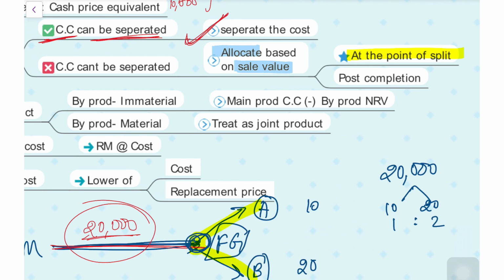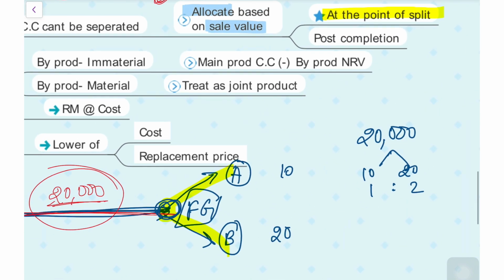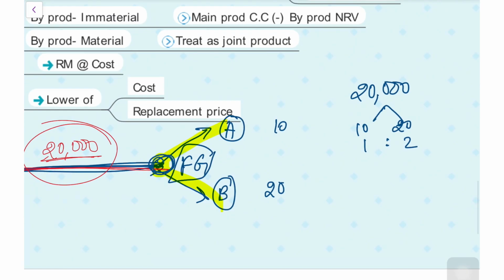You have to always prefer the sale value at the point of split and take that ratio and split your conversion cost. But if that is not possible, then once the entire product is completed, after the product has been split into two, the product might not be ready. You might still have to do some further processing. Suppose on A you incur a further processing cost of 5 rupees and on B a further processing cost of 10 rupees.